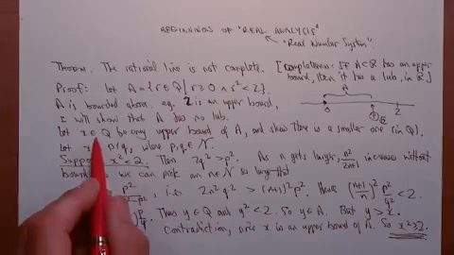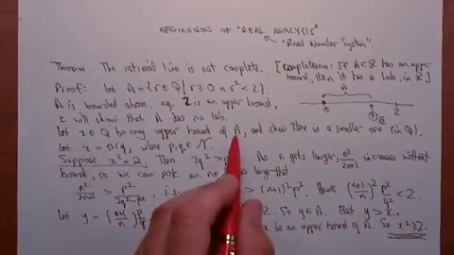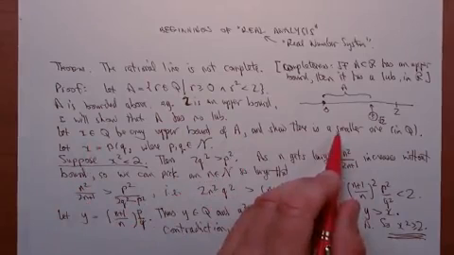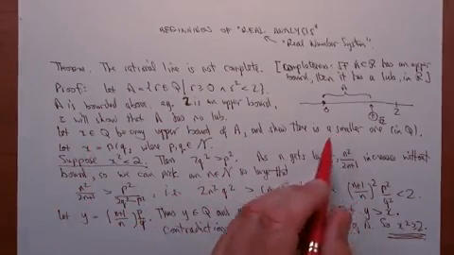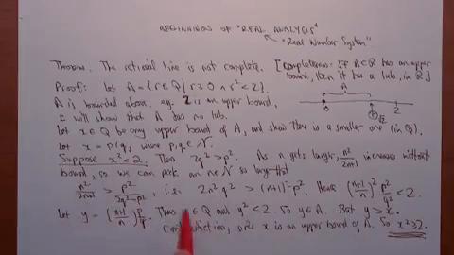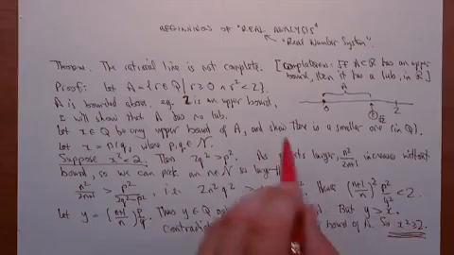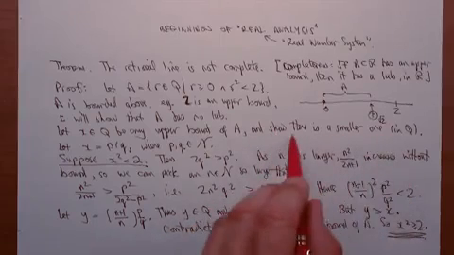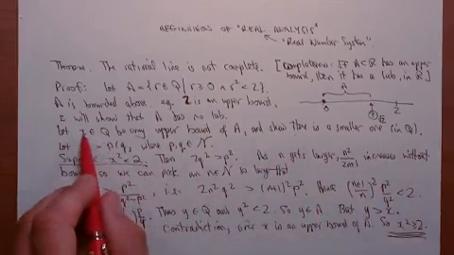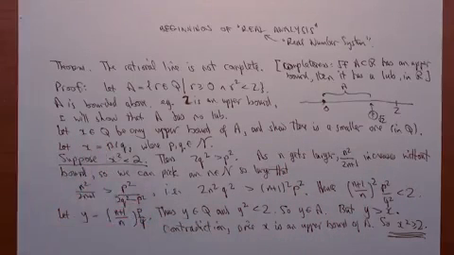Okay, so what I've done is I've taken an upper bound of A. I'm going to show there's a smaller one, and as a first step towards doing that, I've shown by contradiction that that upper bound has to have its square greater than or equal to 2. Now I'm going to go ahead using this extra information to show that there's a smaller upper bound, and hence there's no chance of any x being a least upper bound.